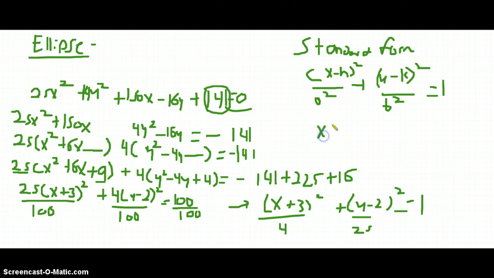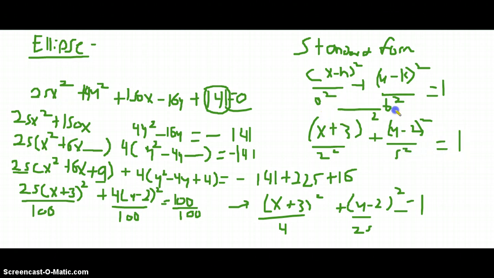It should be x plus 3 squared over 2 squared plus y minus 2 squared over 5 squared equals 1. This is our final answer.